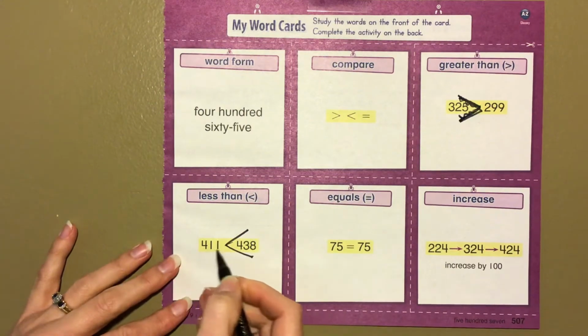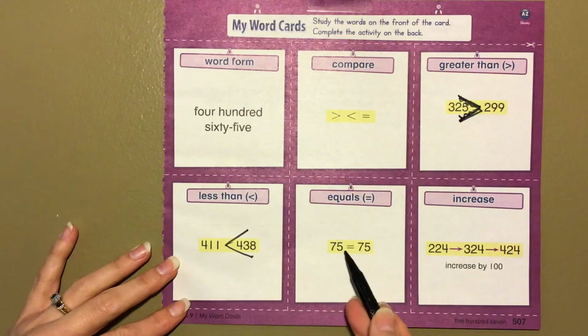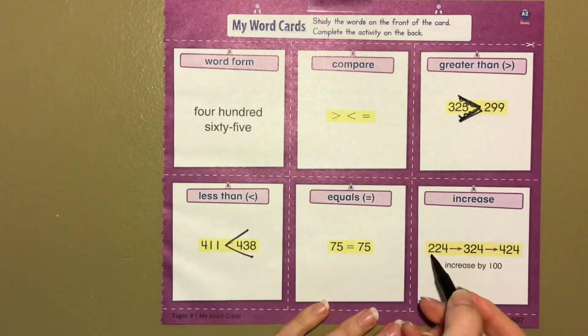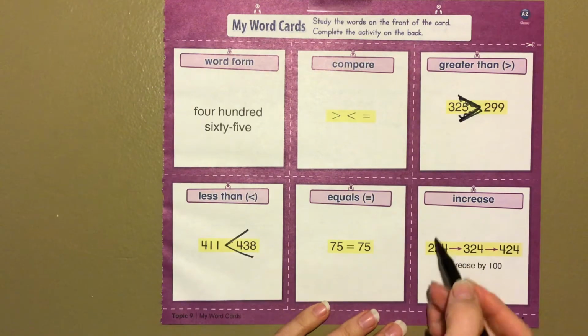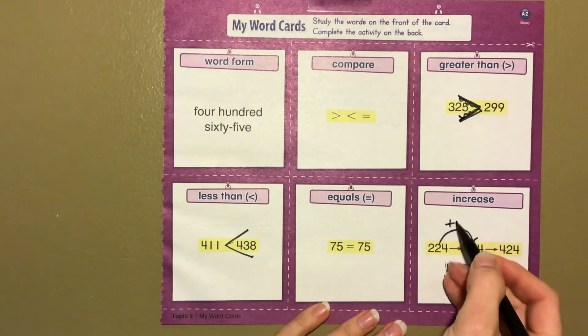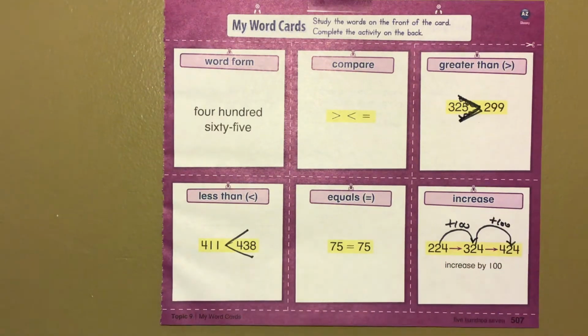So we know 411 is less than 438. 75 equals 75. Equal sign means the same as. An increase is how much we go up by something. 224, 324, 424. So we're going to go up by plus 100 with each of those hops.